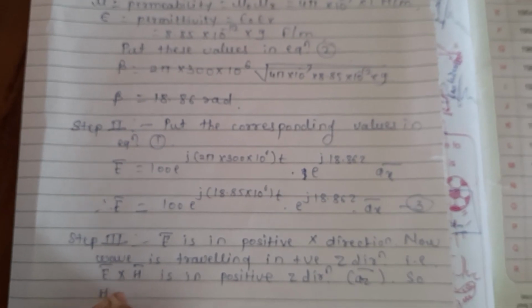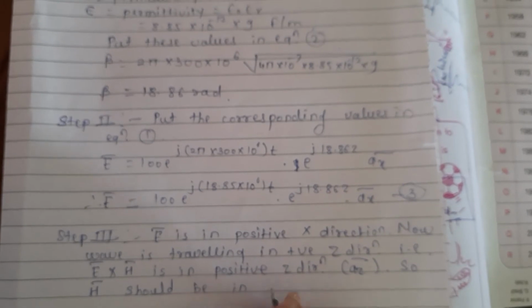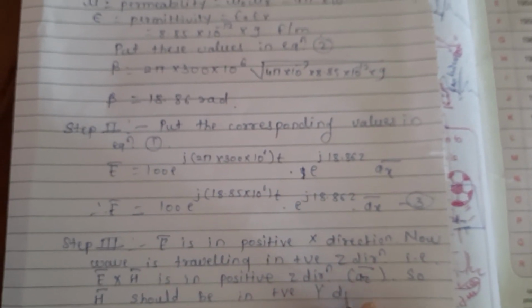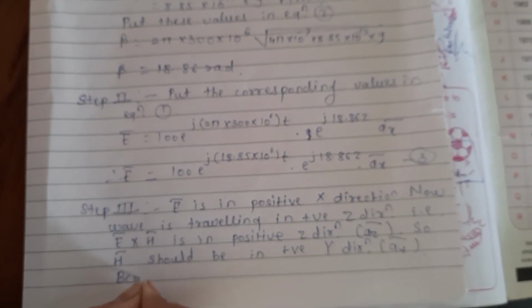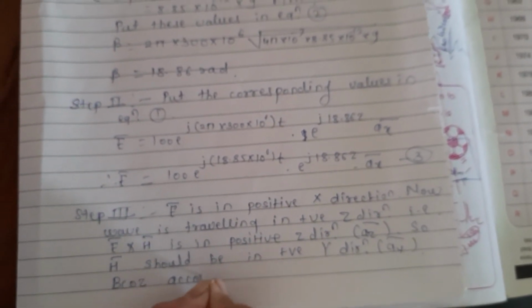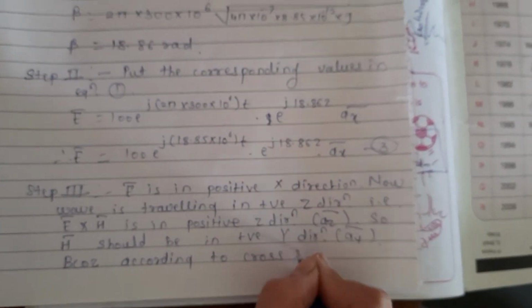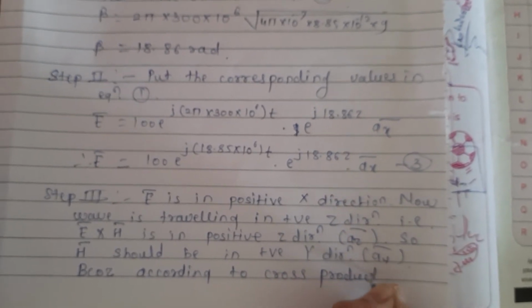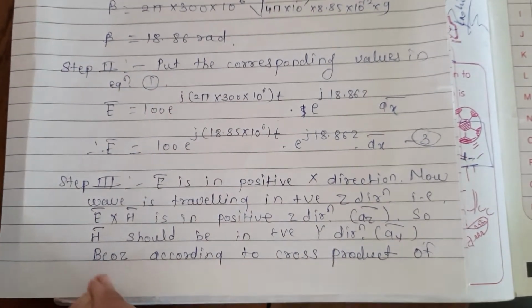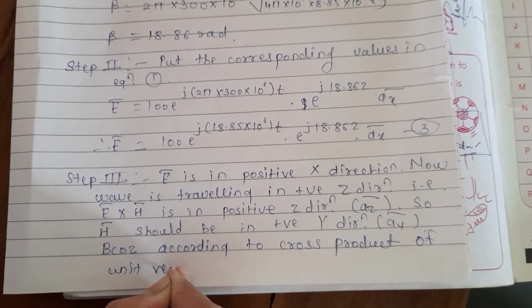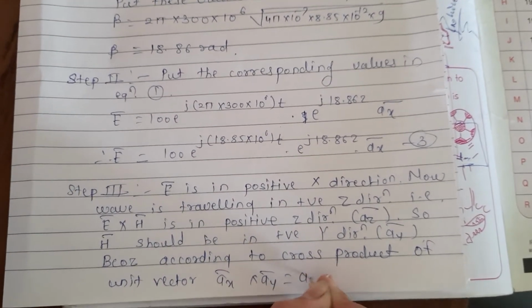So H bar should be in positive y direction, that is a y bar. Because according to the cross product of unit vectors, a x bar cross a y bar is equal to a z bar.